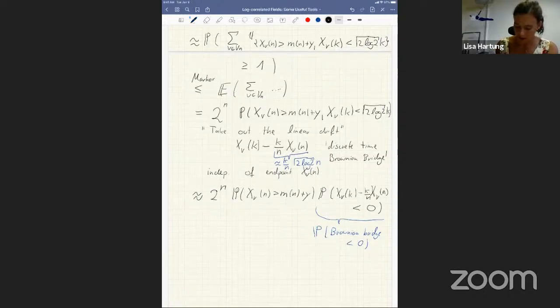And now these terms, well, this is 2 to the n. The second one is just Gaussian. So this one we already know how to take care of. It's square root of n divided by m_n plus y, e to the minus m_n plus y squared over 2n.